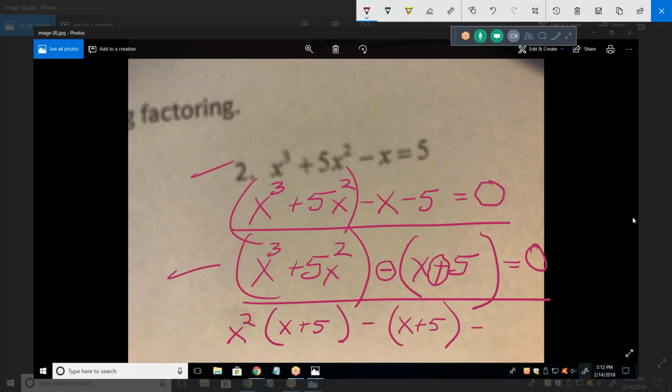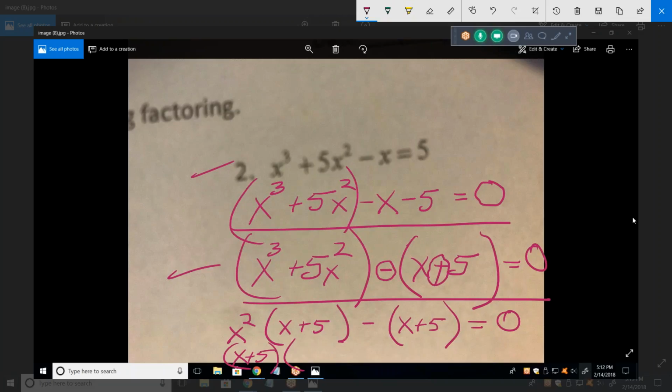Okay. Now, the next process is one you're not particularly used to. But if I told you you could take a greatest common factor out of that, what would it be? X plus 5? Exactly. It's a binomial. That's what you're not used to doing. Probably everything you've ever factored in your life has always been monomial terms.